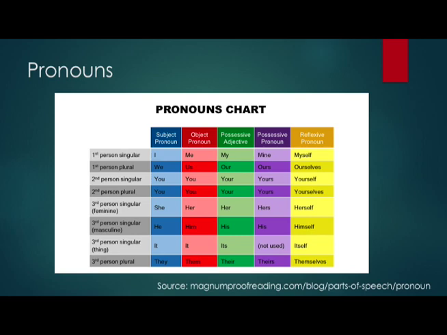Or the reverse, "she sees me." Now "she" is the subject, and I'm the direct object. The possessive adjective: this is my car, this is our house, this is her dog.